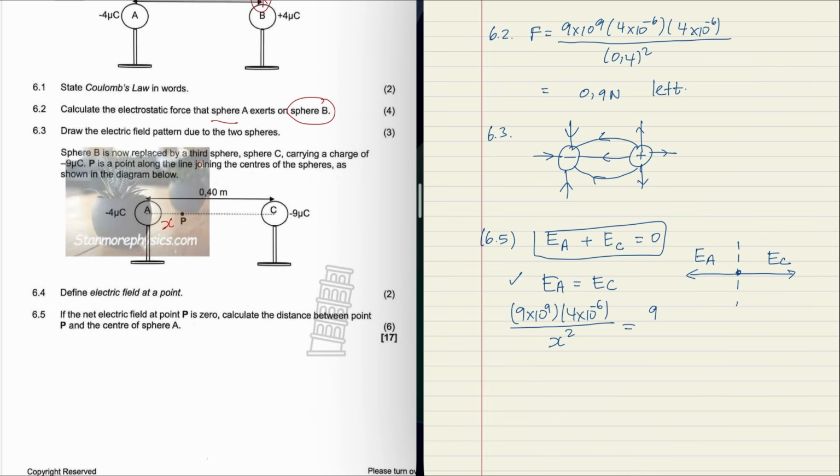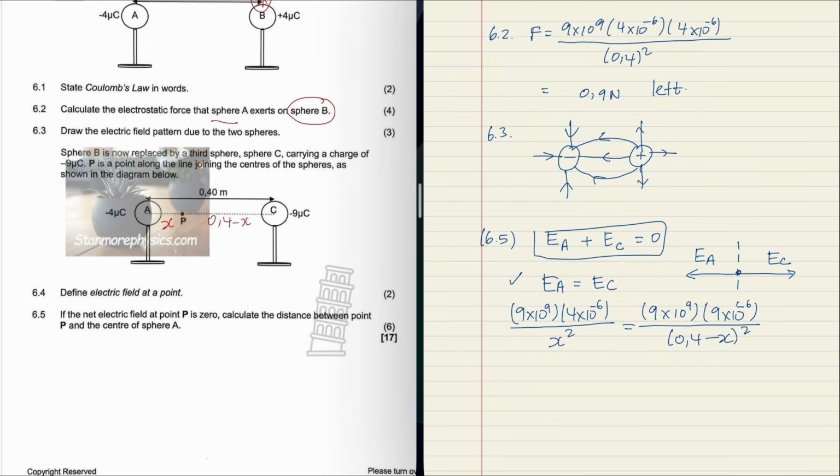And that's going to equal 9 times 10 to the power 9. C has a charge of 9 times 10 to the minus 6, divided by, if that's x, that's going to be 0.4 minus x. So here we're going to have 0.4 minus x all squared.